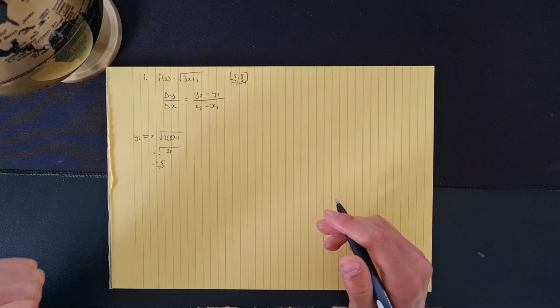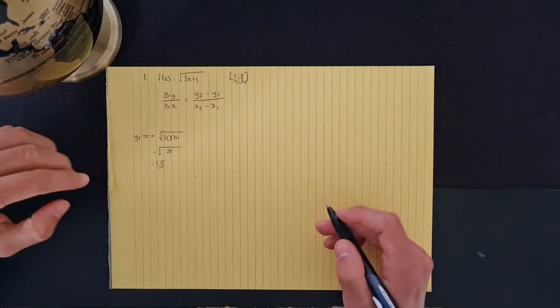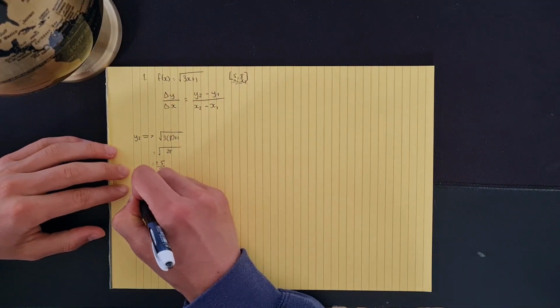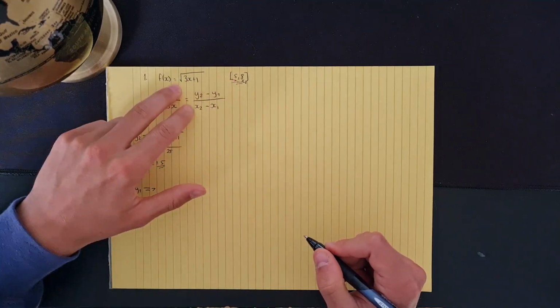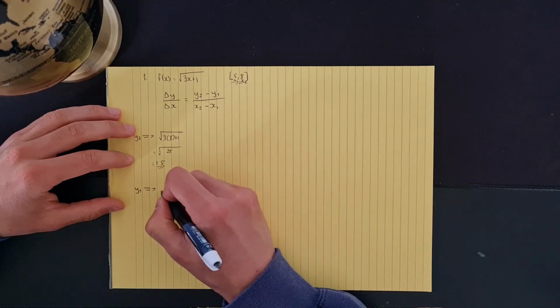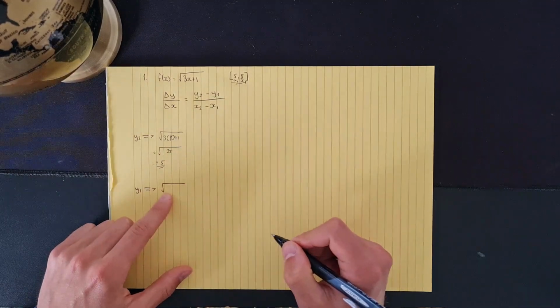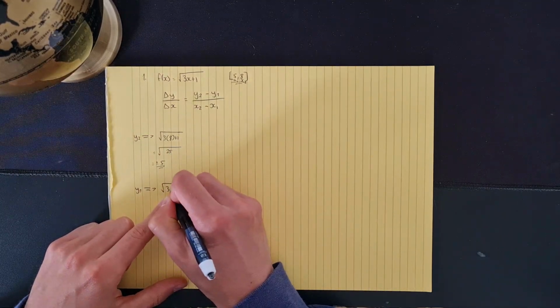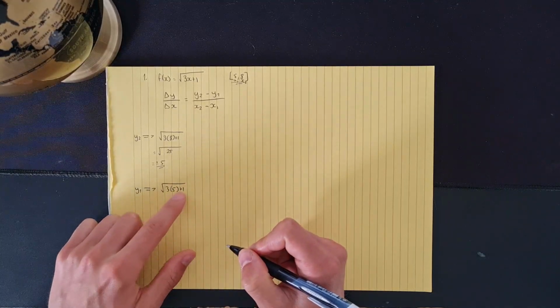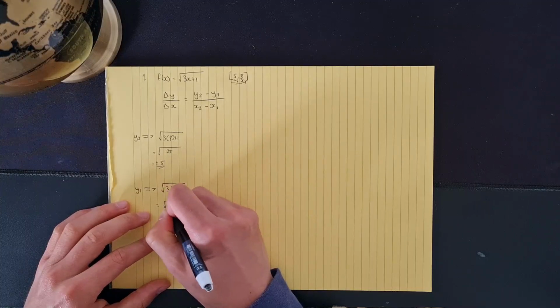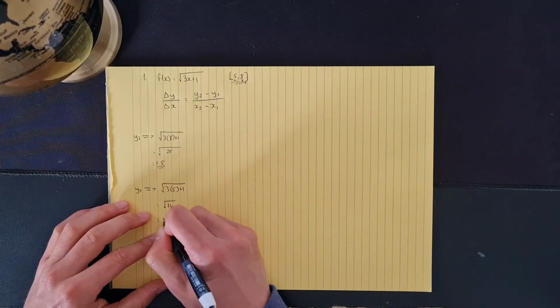Now, what is next is to do the same thing for our x1 value. To find our y1, we need to substitute x1 into f of x. So the square root of 3 times 5 plus 1. 3 times 5 is 15, plus 1 is 16. So it's going to be the square root of 16, and once again, that's plus or minus 4.